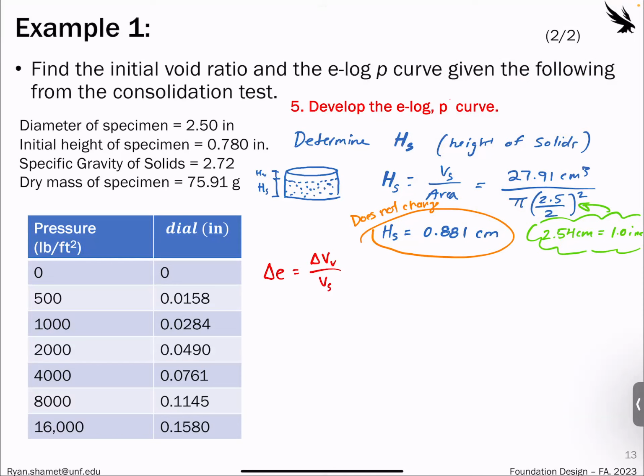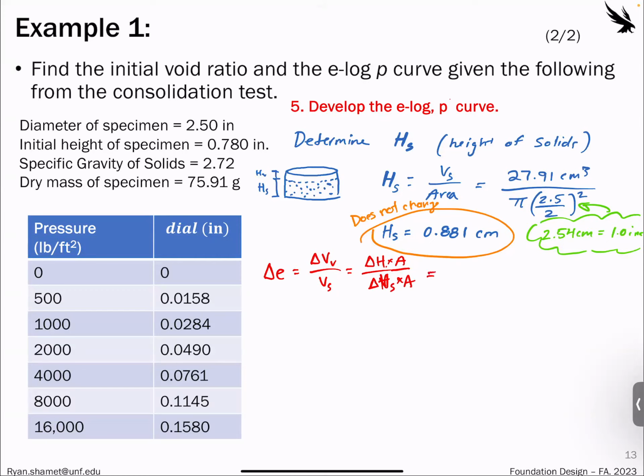Knowing that this volume has the same cross-sectional area, the change in volume of voids is really just the change in height of our voids multiplied by the cross-sectional area, divided by the height of our solids, which is not changing, times the area.